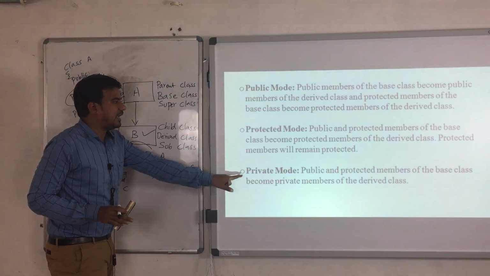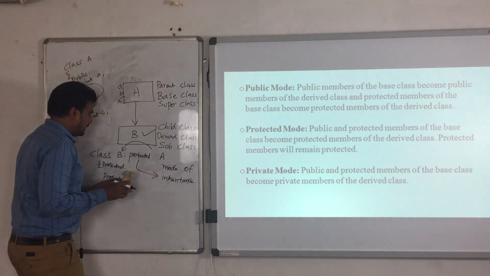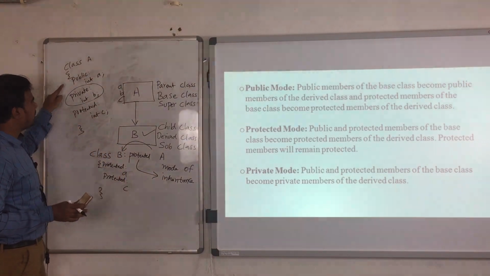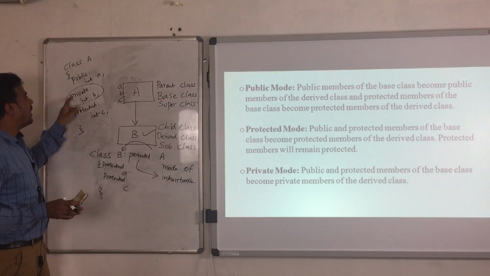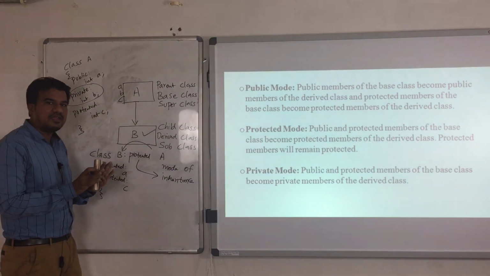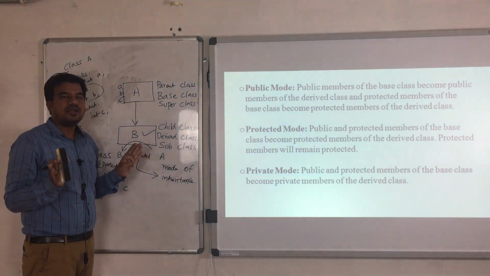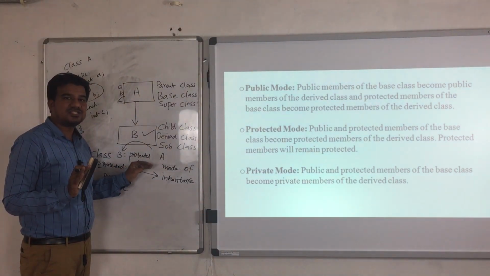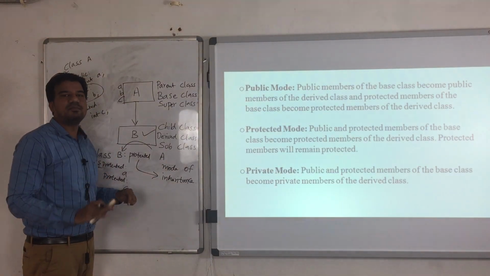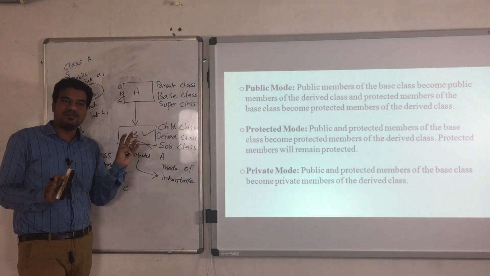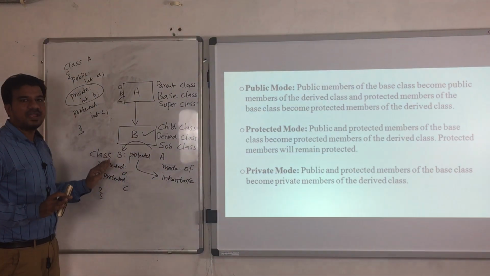These two things only, for public and protected, we are discussing. Why are we not discussing private? Private members are untouchable, they are completely secure. We don't have any access inside the child class to the private members of the parent class. That is the reason why we are not discussing any private members.